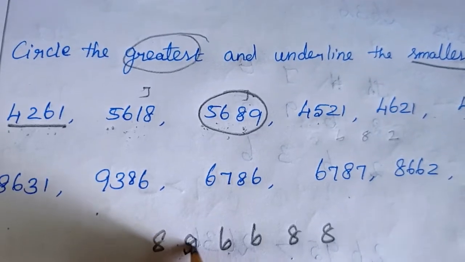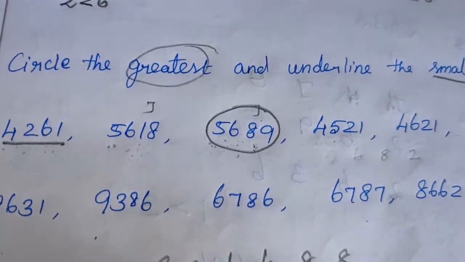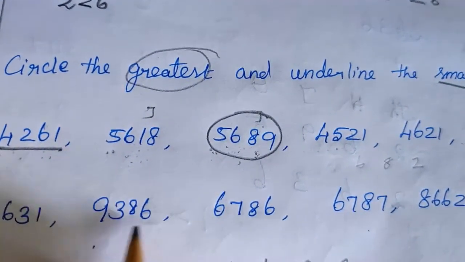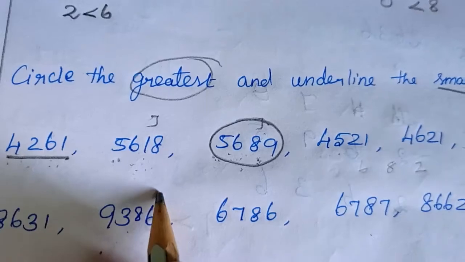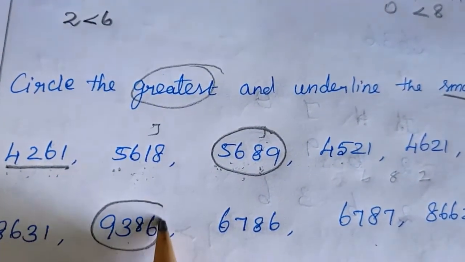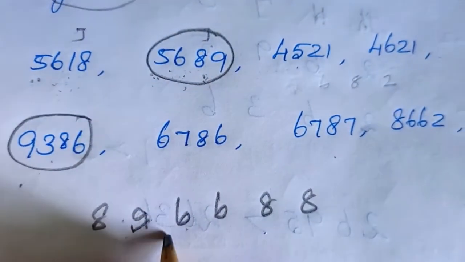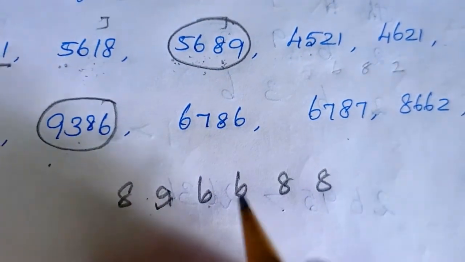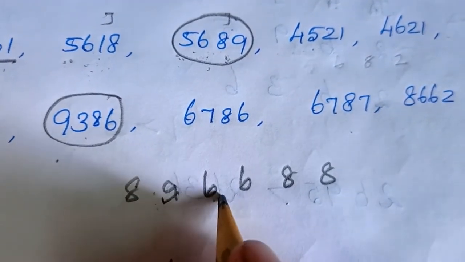Yes, 9 is the highest value. So we know that 9386 is the greatest value in this series. Okay. Now children, let's find which one is the smallest. 8, 9 or 6? Yes, 6.